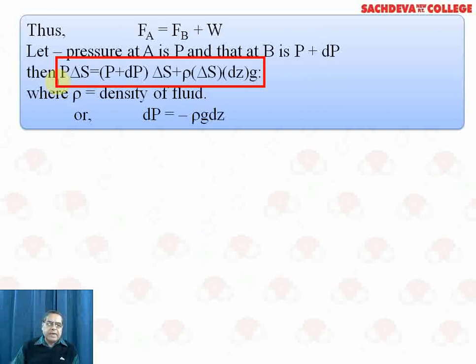So P delta S is equal to P plus delta P into delta S. Basically, we are multiplying the pressures and areas, which gives the value of force. That's why we have written P delta S is equal to P plus delta P multiplied by delta S plus rho, where rho stands for density, multiplied by area, dz is small distance and g is acceleration due to gravity.